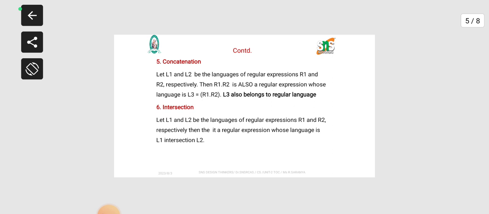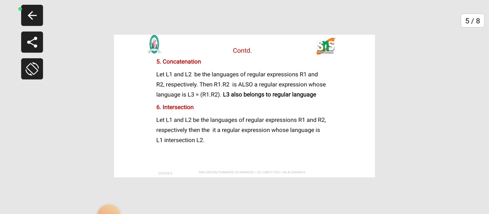Next, concatenation. Let's consider L1 and L2 as the languages of regular expressions R1 and R2 respectively. Then here we specify the concatenation with the help of the dot symbol. So R1 into R2 is also a regular expression whose language is L3 equal to L1 dot L2. So L3 now belongs to regular language. Next, intersection. Let L1 and L2 be the languages of regular expressions R1 and R2 respectively.